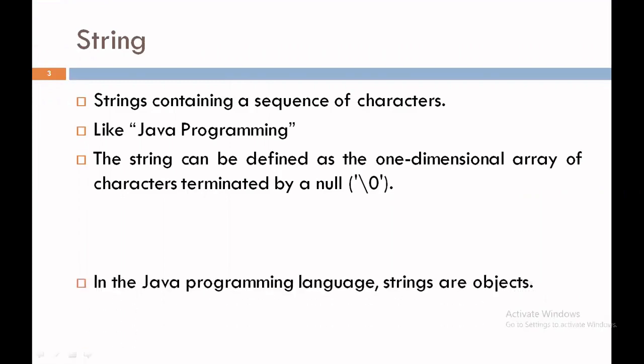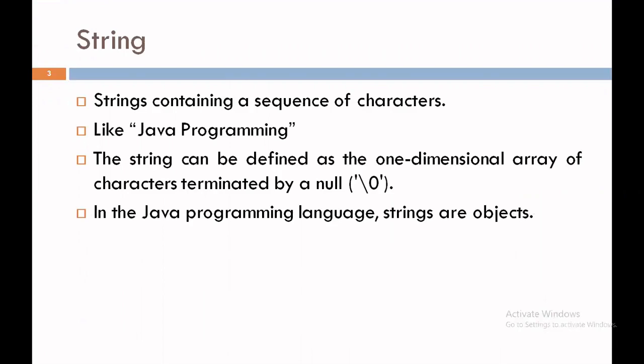While in Java, strings are objects. That means string is considered as a class. Unlike other programming languages, strings in Java are not a primitive type like integer, character, etc. Instead, all strings are objects of a predefined class named String.